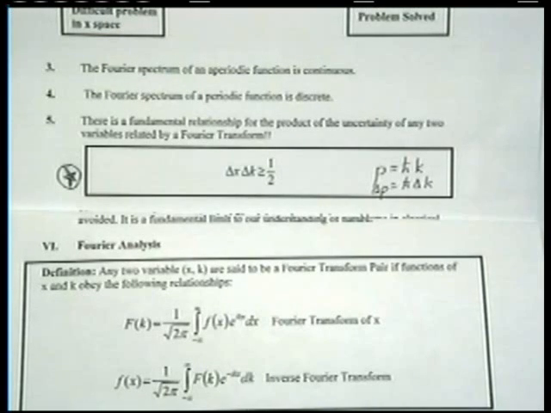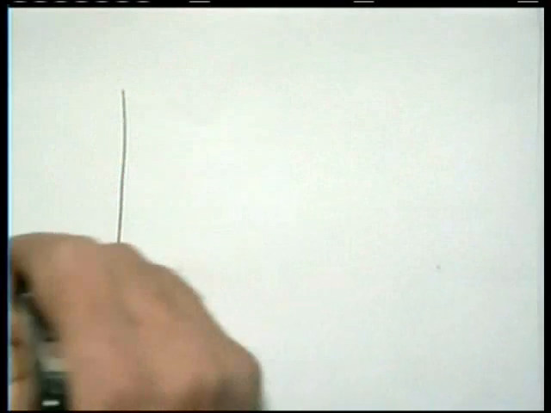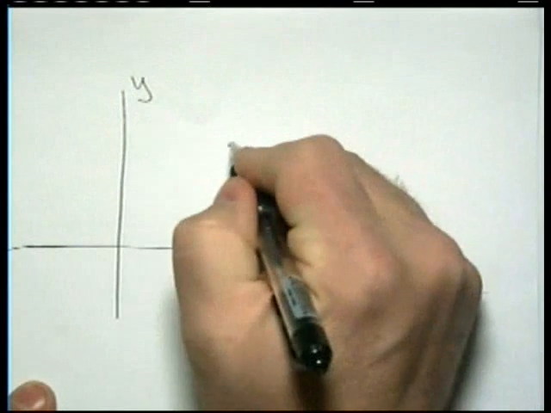Go back and look at classical physics for a minute. We started this whole thing by saying, oh, we put a coordinate system. And there'd be a ball here.